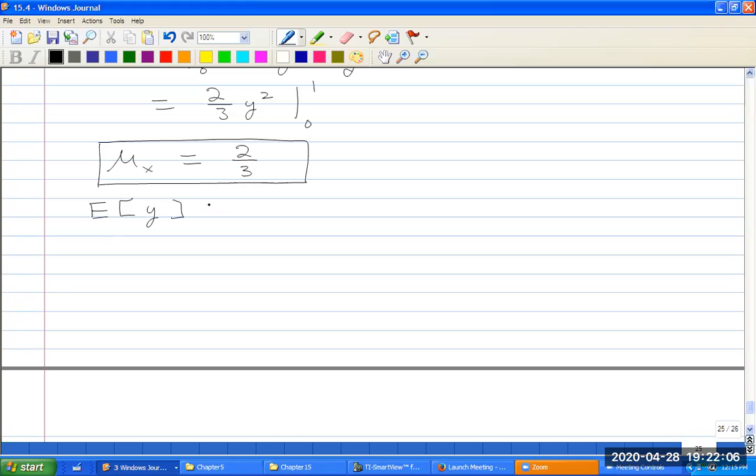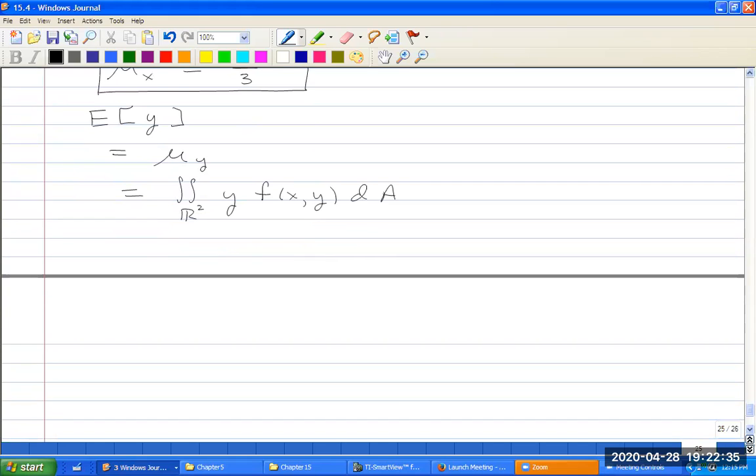Let's find the expected value of y. So this is just mu sub y, which is the integral over everything of y times f(x,y). So this is the integral from 0 to 1 of 4xy times y, so 4xy squared dx dy.